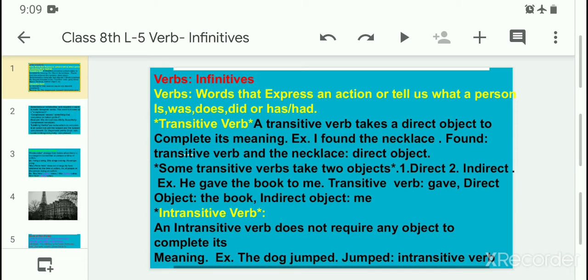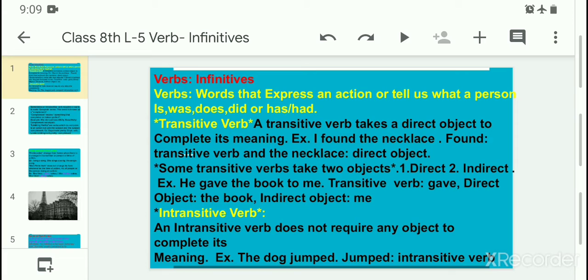For example, he has a new house in Missouri. So what he has? He has a new house. So here the verb is has, right? And another example we can take, Ruskin Bond is a famous author.